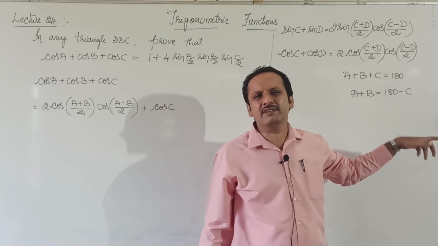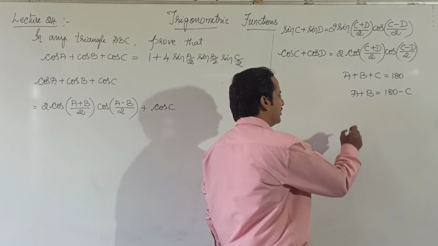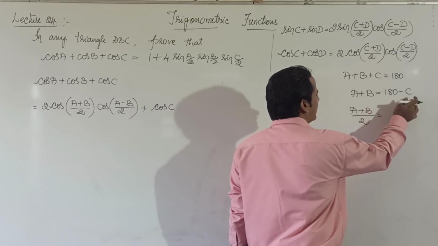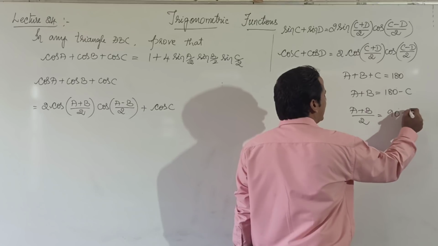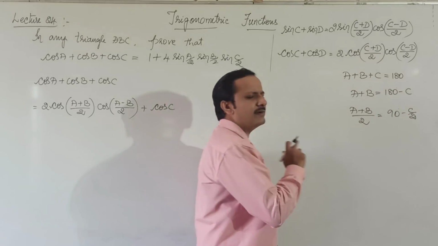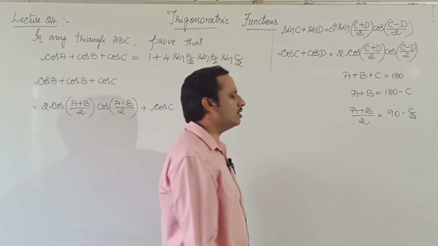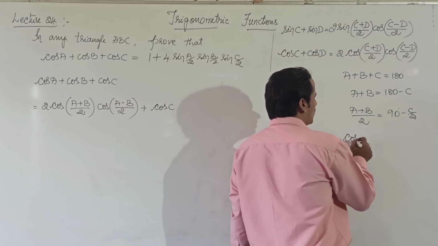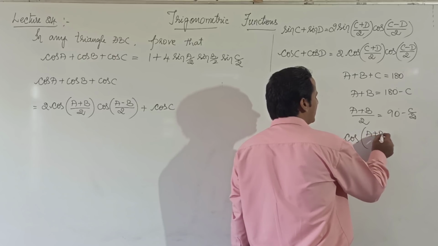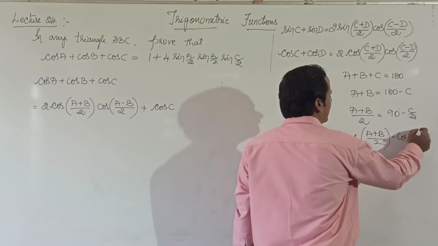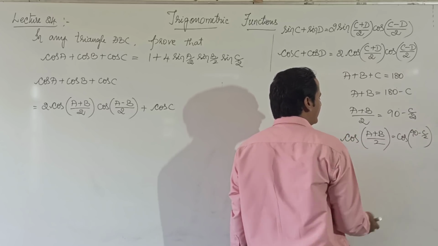Now I will divide this equation by 2. Dividing by 2 will give us A plus B by 2 is equal to 90 minus C by 2, right? 180 minus C whole divided by 2, that will be 90 minus C by 2. Now take cos on both sides. Cos A plus B by 2 is equal to cos 90 degree minus C by 2.